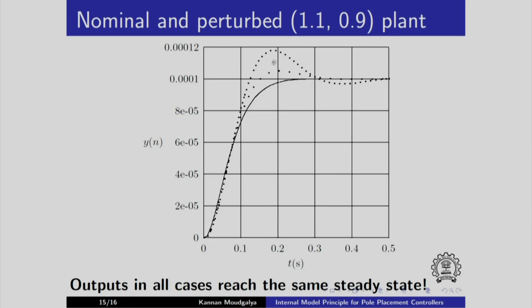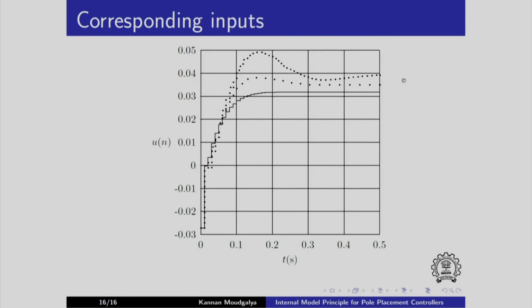And you can see that in all three cases, that is nominal and then perturbed, increased by 10% and decreased by 10%. In all of them, the output reaches the same steady state and there is no offset at all. Of course, the corresponding inputs are not identical, they are different.